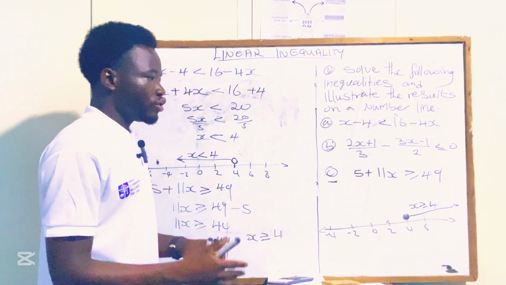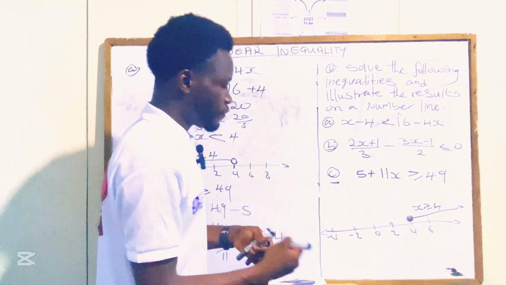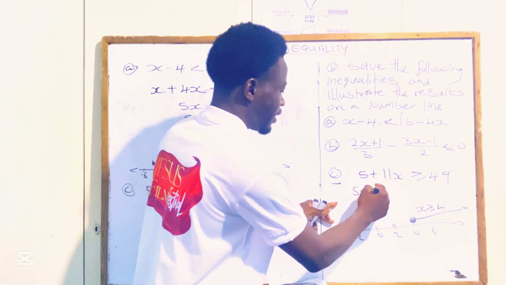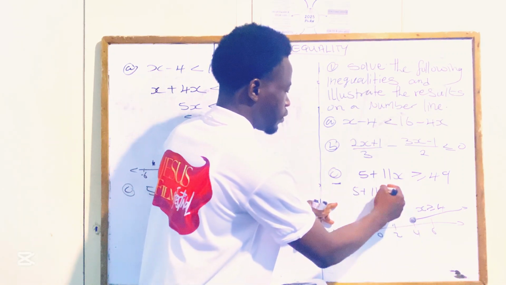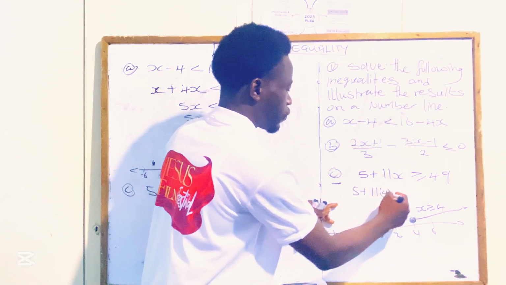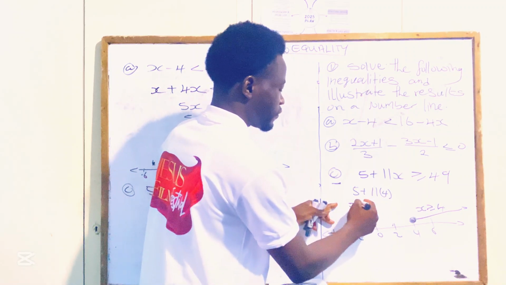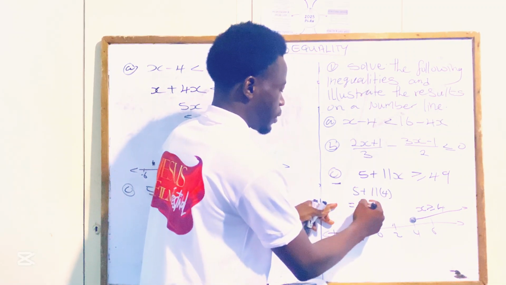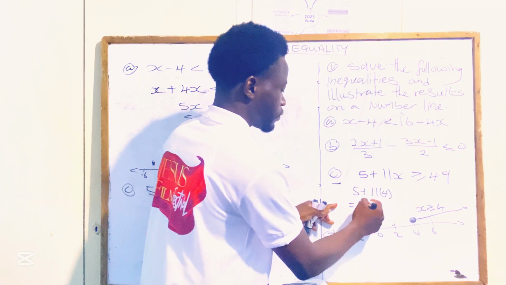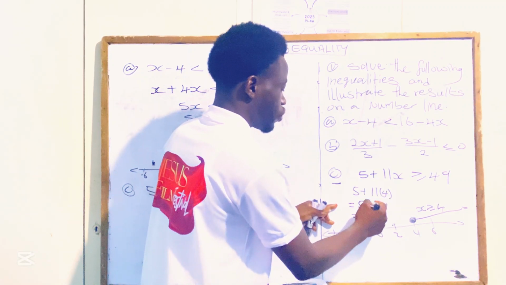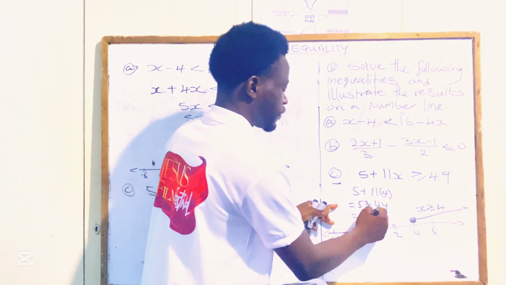And I say again, you can always prove that to see if you are correct. So here we have 5 plus 11 times x, and x is 4. So this is equal to 5 plus 44, and this is equal to what? 49.